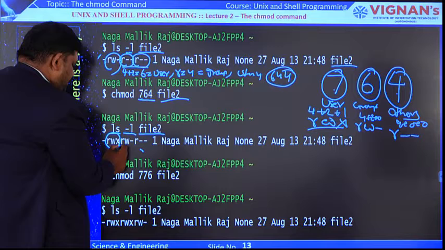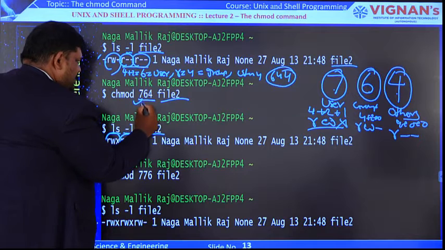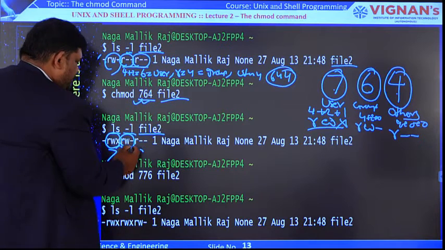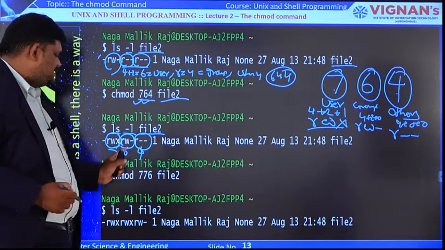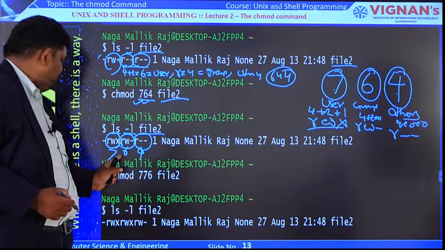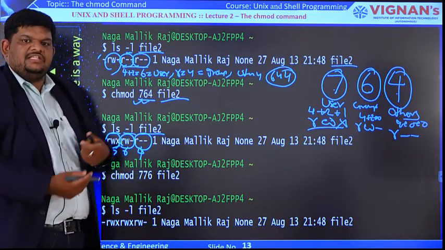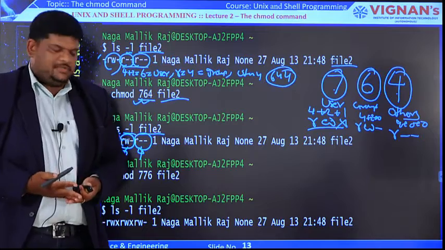For group, read is there, write is there. That means 4 plus 2, 6. Yes, 7 is affected, 6 is also affected. For others, only read is there, that means 4. So the value is 764. Before that it was 644. Now it is changed to 764. In this way we are going to change the file permissions with the help of absolute mode.